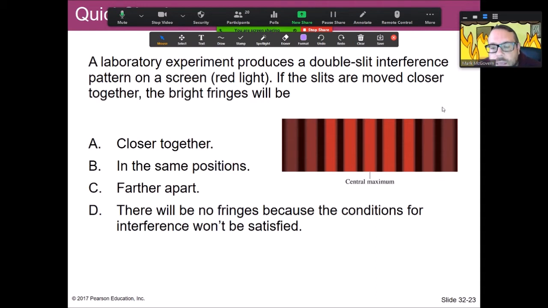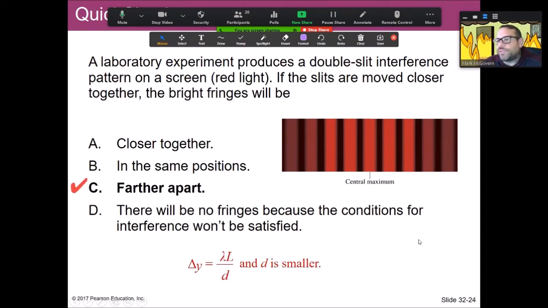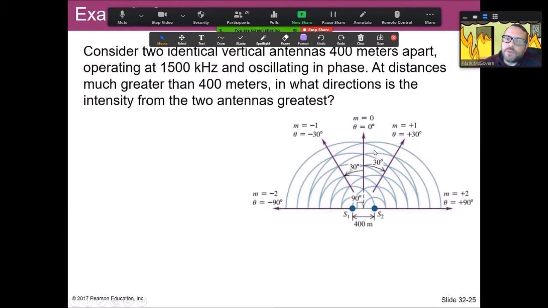Okay, so what are we doing here? d sine theta equals m lambda. You're not changing m lambda, right? That's your path length difference. But if you lower d, you're going to have to up theta in order for that relationship to still apply. So the answer is C.